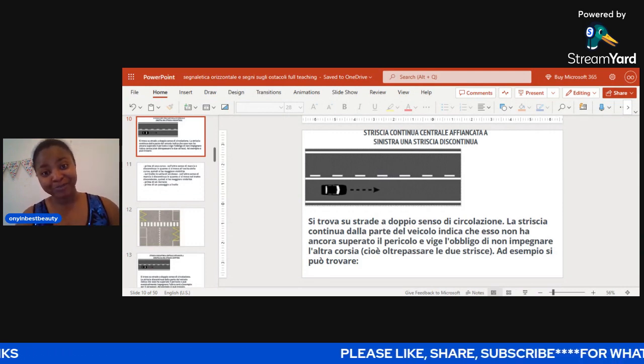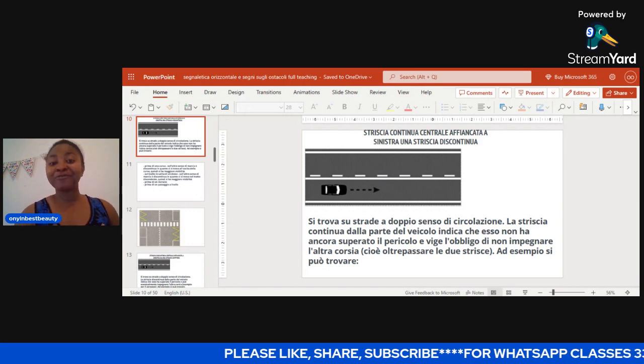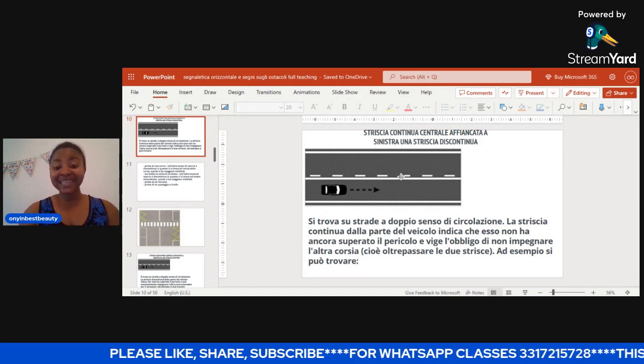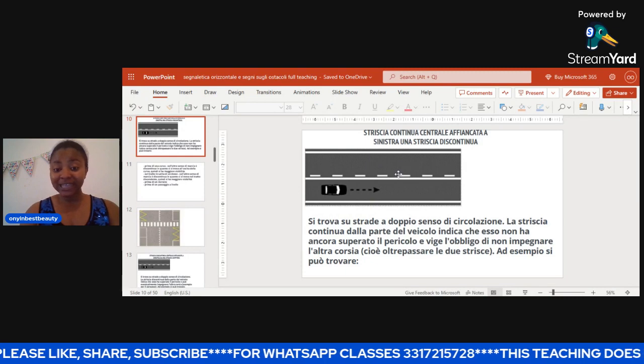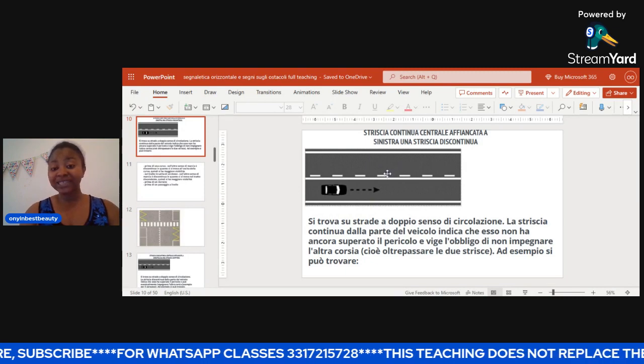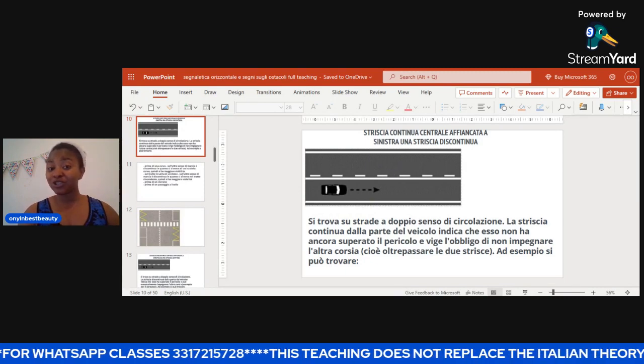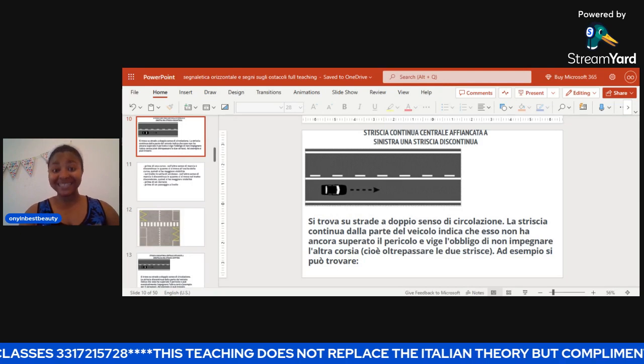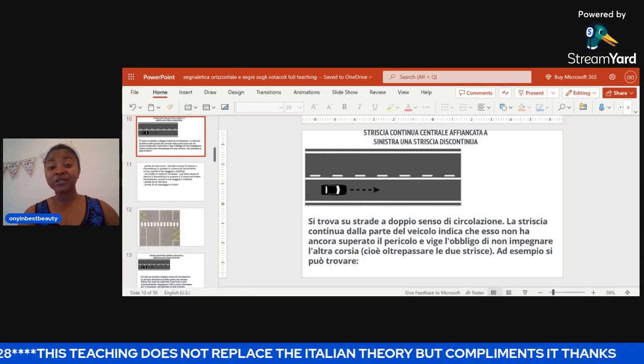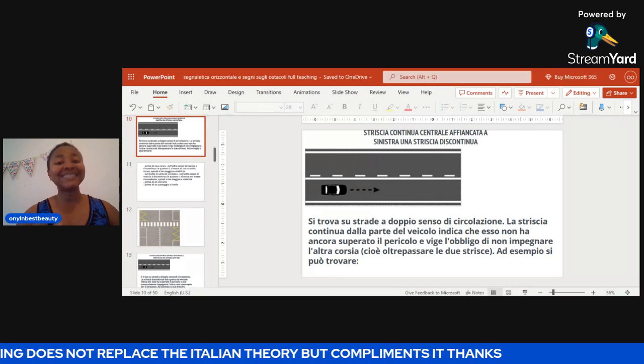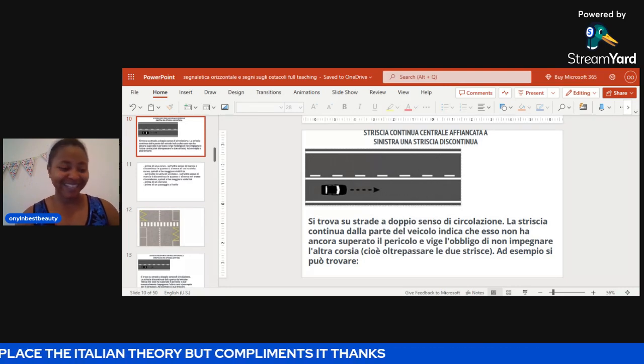You just came out from danger. From now on, you can overtake. It is telling them here that they can overtake. They are just coming out, so that is why they are seeing a discontinuous line. And remember, when you see a discontinuous line, you can overtake. It is telling them you can do an overtaking because you have now come out from this dangerous zone.